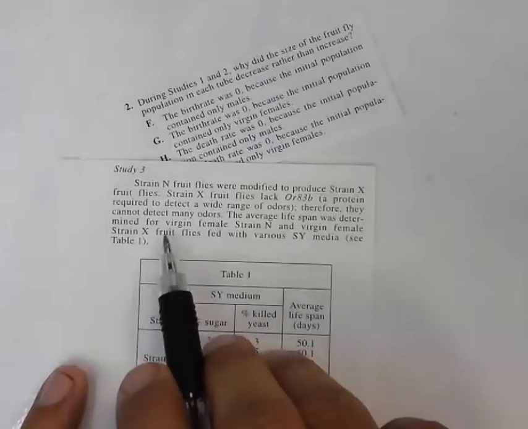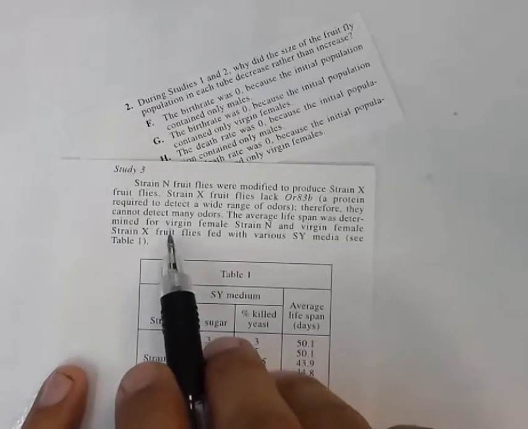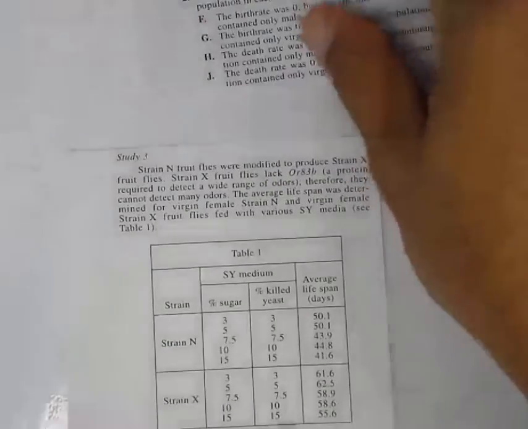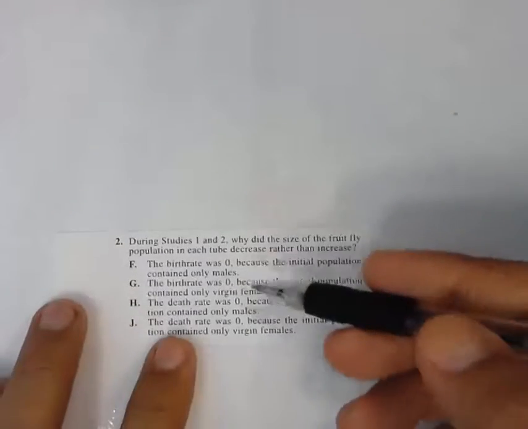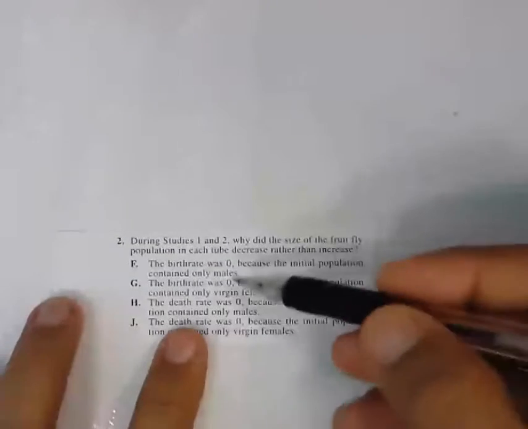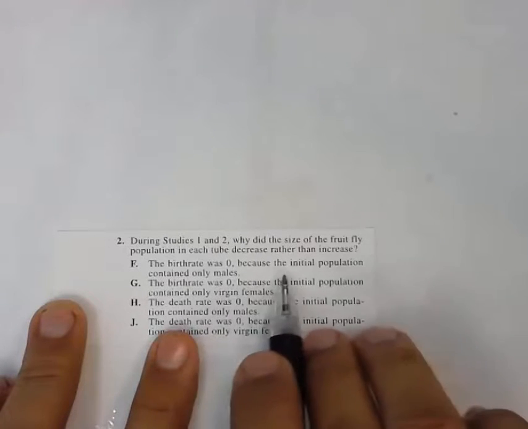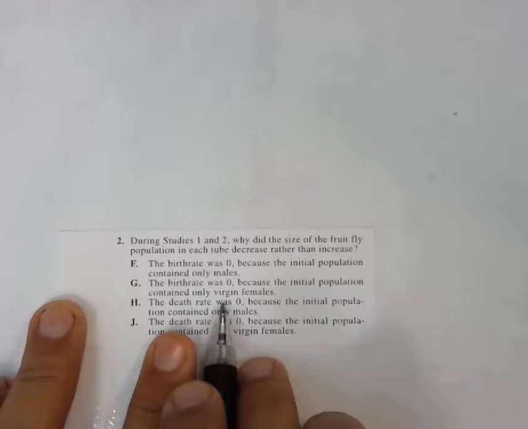And over here, study 3 is again virgin females of both strains of fruit flies. These fruit flies were not mating, therefore there's not going to be any more fruit flies. So the birth rate is going to be 0, right? They're all virgin, they're all female. So it's got to be F or G. And in this case, the initial population was virgin female, so the answer is G.